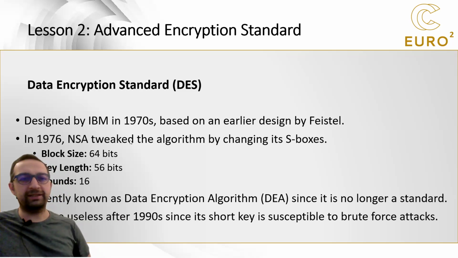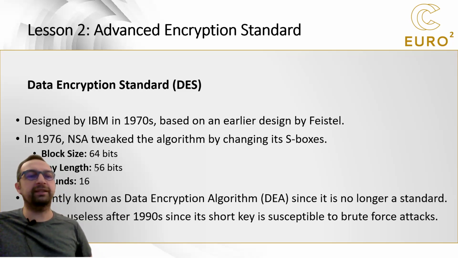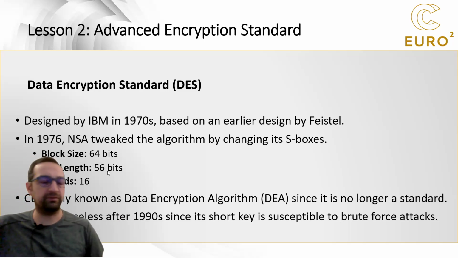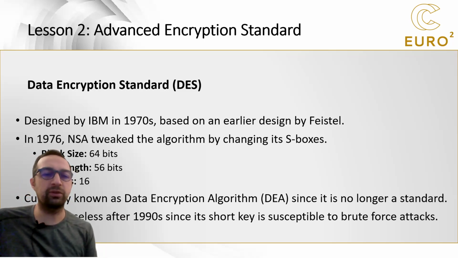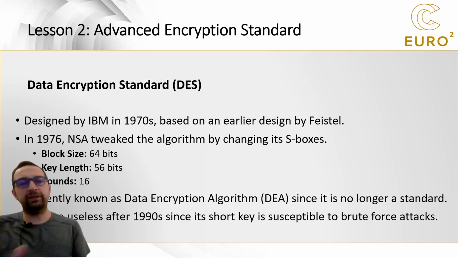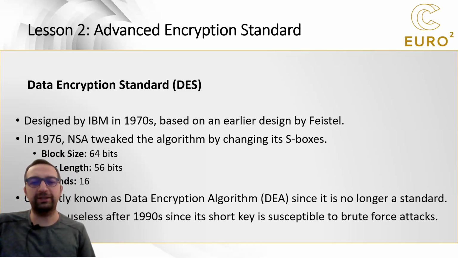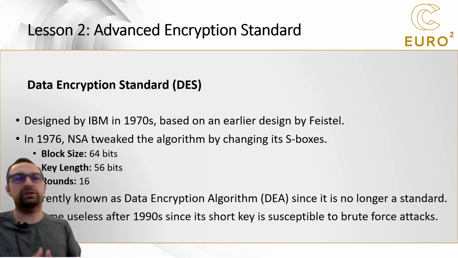Its block size is 64 bits. The key length is 56 bits, which is really short, and it consists of 16 rounds. Currently, it is known as Data Encryption Algorithm, DEA, not standard, because it is no longer a standard. It wasn't a standard for a very long time, but people kept using it.